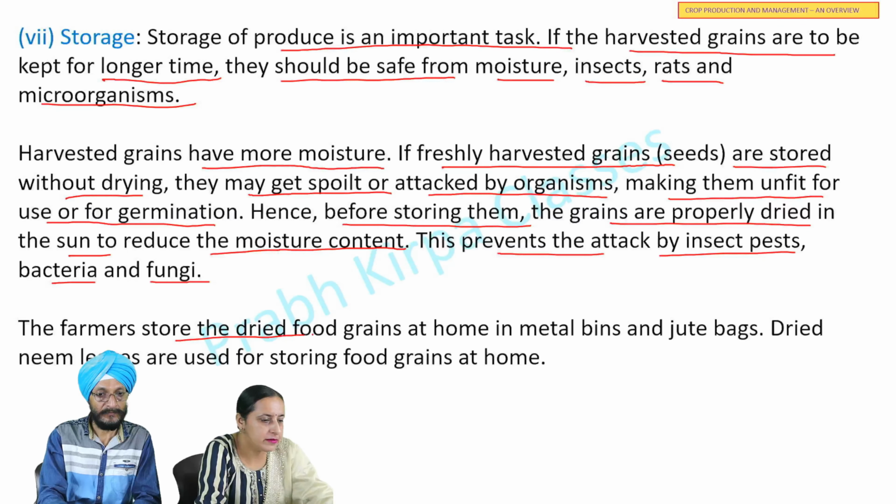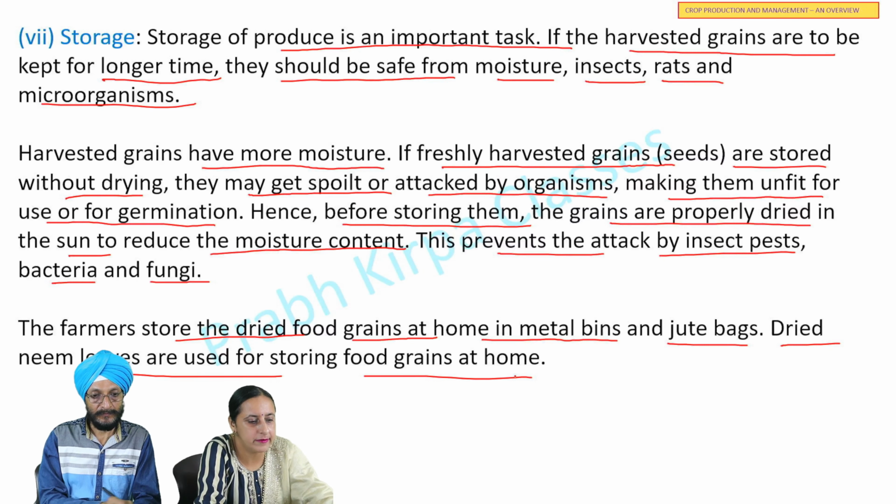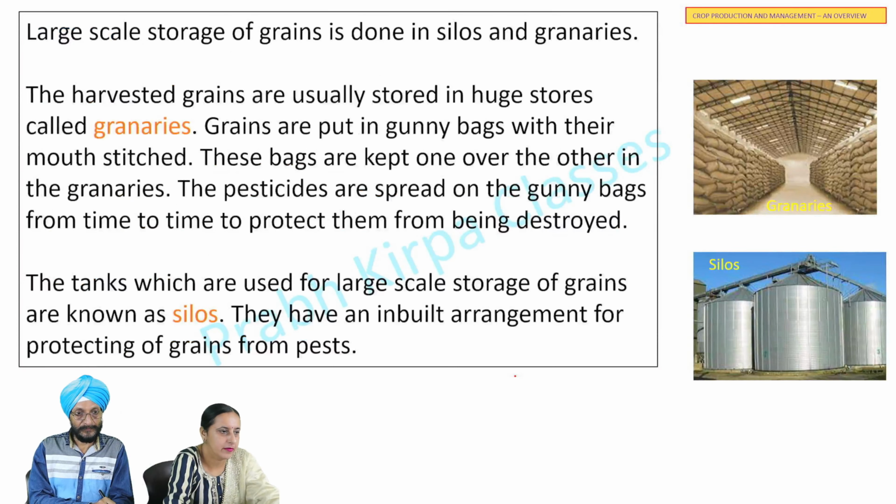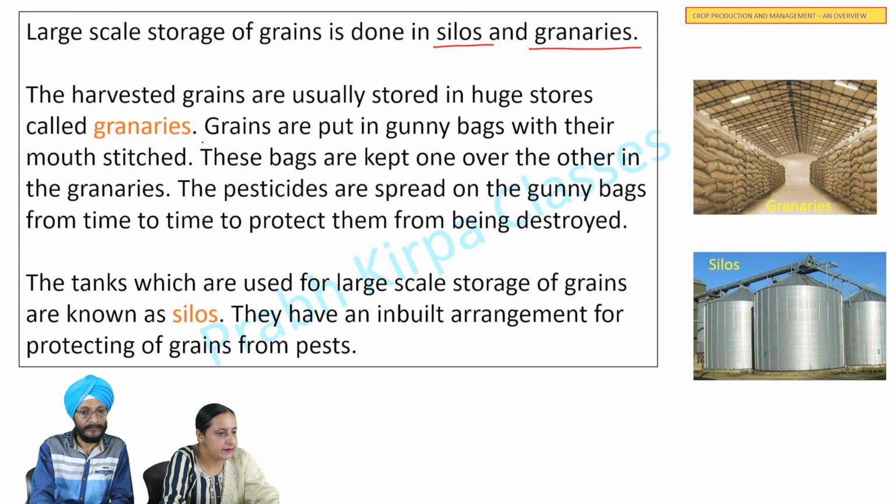The farmers store the dried food grains at home in metal bins and jute bags. Dried neem leaves are used for storing food grains at home. Large-scale storage of grains is done in silos and granaries. The harvested grains are usually stored in huge stores called granaries. Grains are put in gunny bags with their mouths stitched.